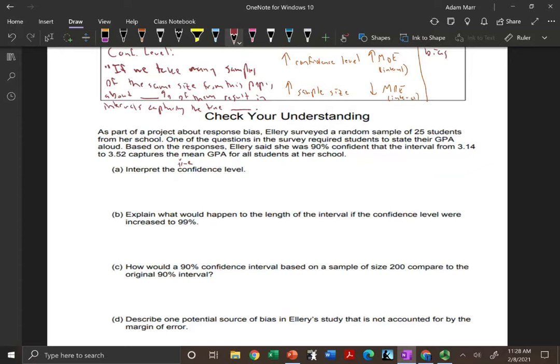Now we're going to interpret the confidence level. Okay, so we're going to just follow this interpretation right here.